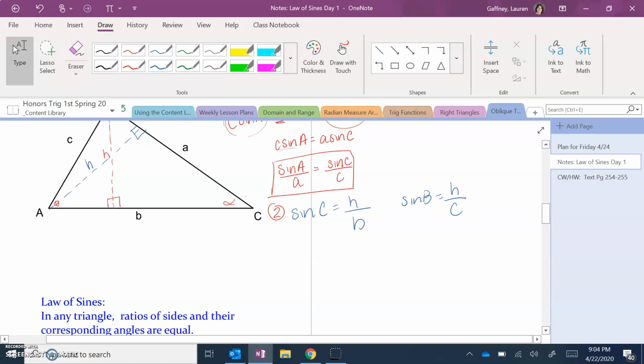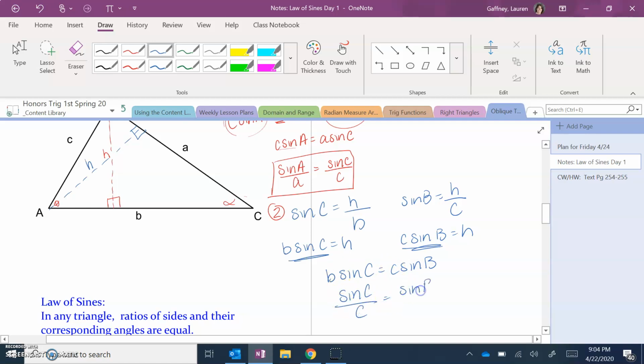So same as before, let's solve those both for h. Now we can set these equal to each other. And then here I'll divide by b over here and c over here.